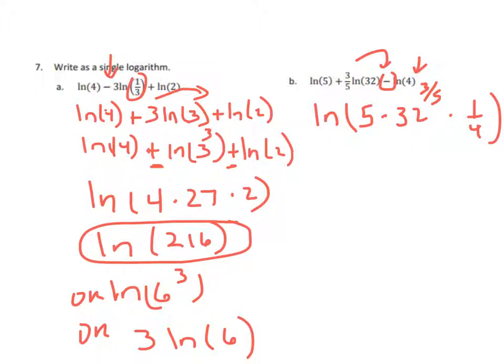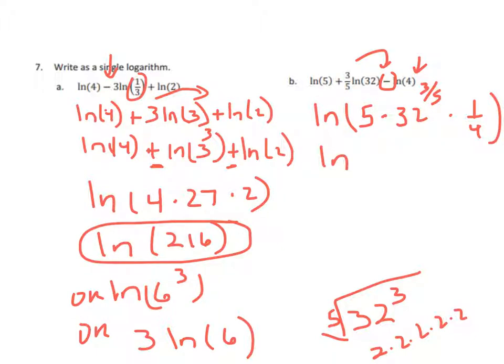Now, some of you are going to need a little help with that 32 to the 3/5 power. Remember, 32 to the 3/5 power is really 32 raised to the 3rd power, and it's the 5th root. Well, the 5th root of 32 is 2 times 2 times 2 times 2 times 2. So that's really a 5. So it's 5 to the 3rd power.